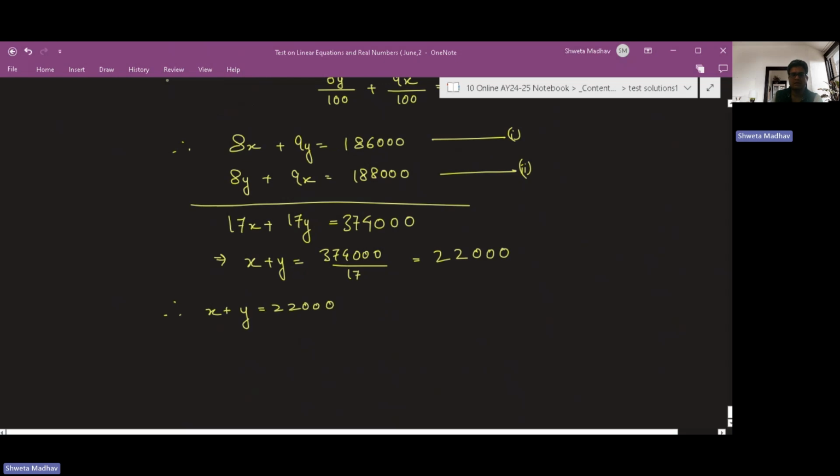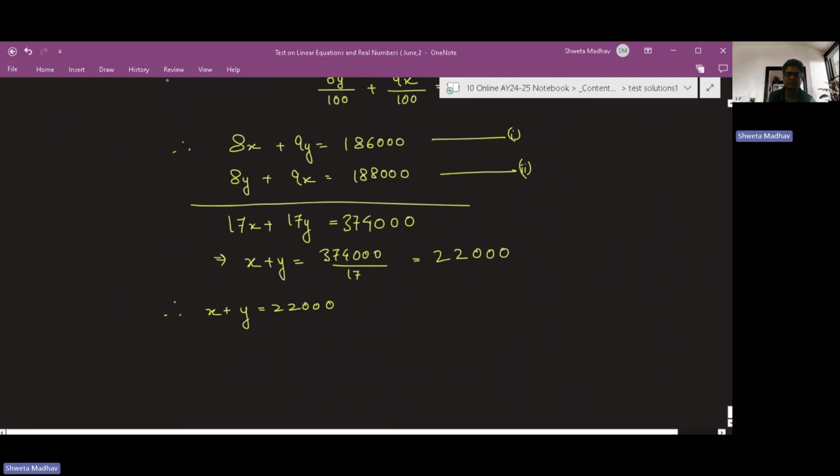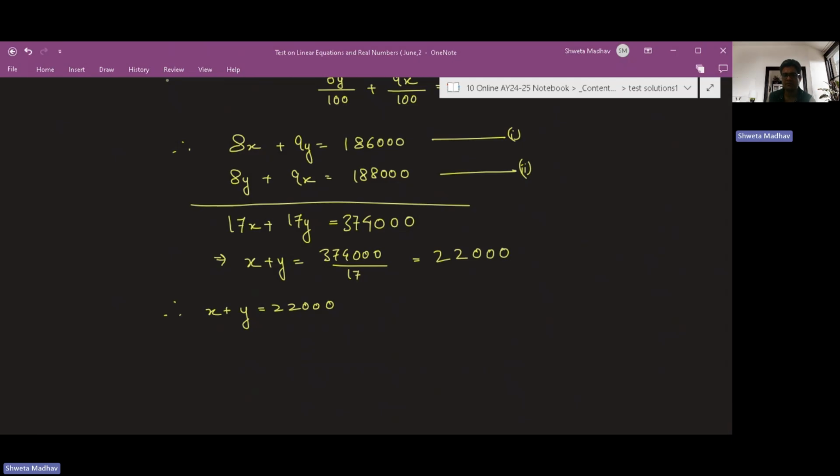Since here the coefficients of x and y have been interchanged, we can first add the two equations and then subtract them. Then we will get two new equations, which we can use to find the values of x and y.